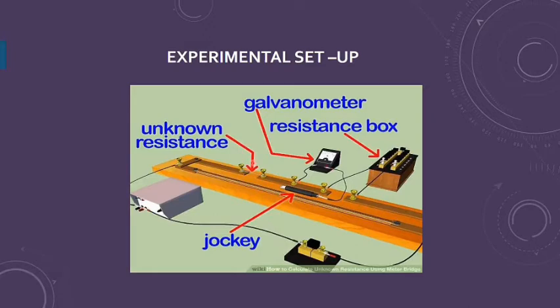If I am calling the unknown resistance X, then X upon L equals the known resistance capital R divided by 100 minus L. So X upon L equals R upon 100 minus L.